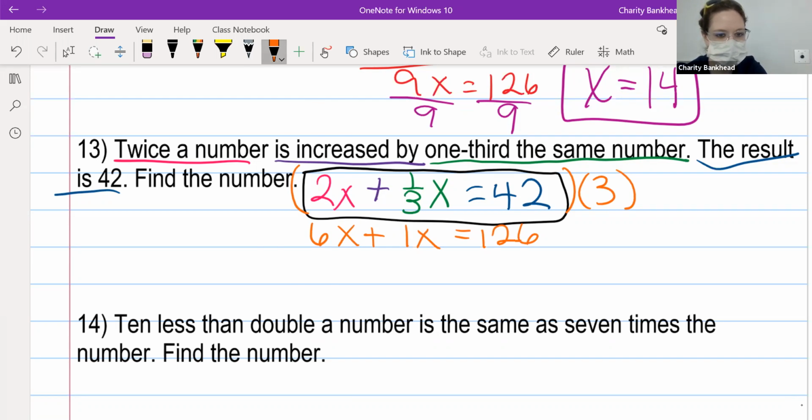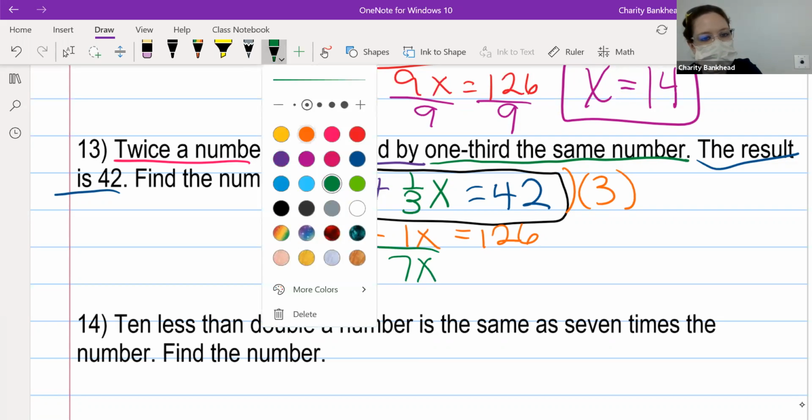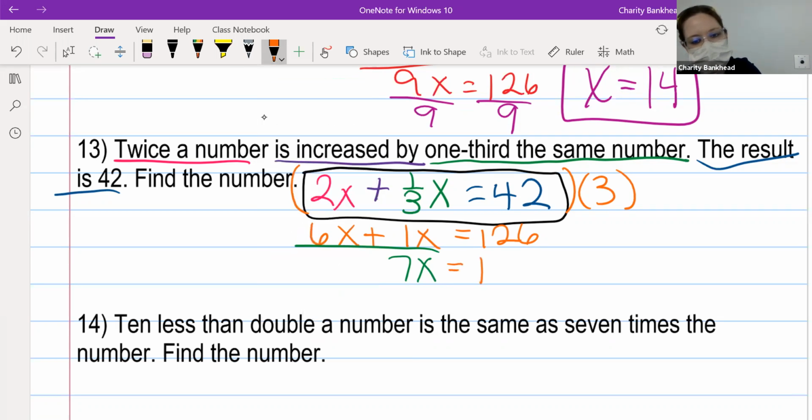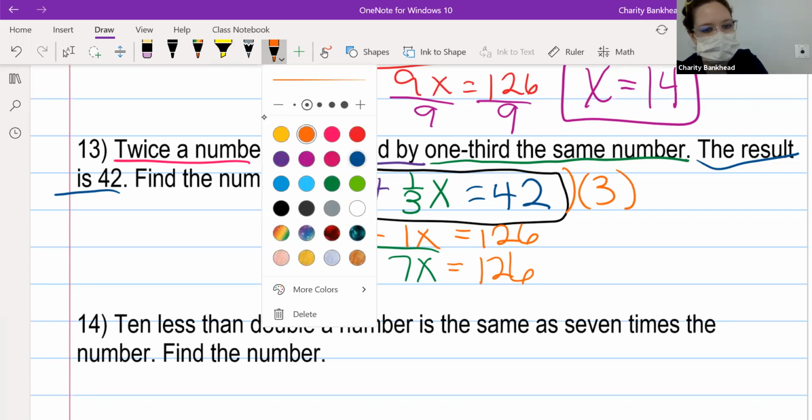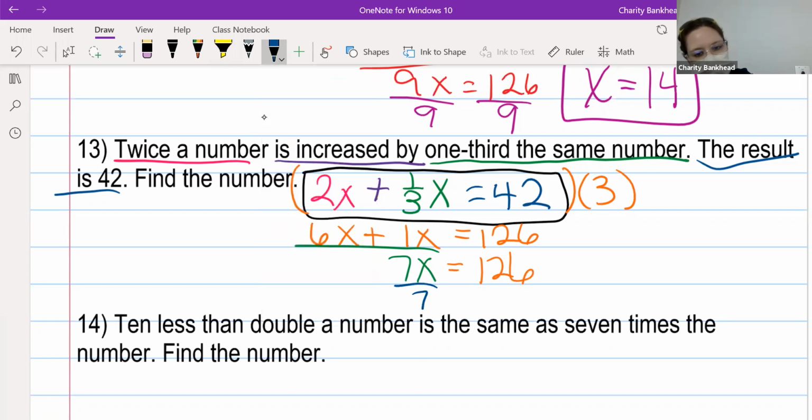And then we could combine the like terms. So 6x plus 1x equals 7x. So 7x equals 126. And then we can just divide both sides by 7. And then that would be equal to 18.